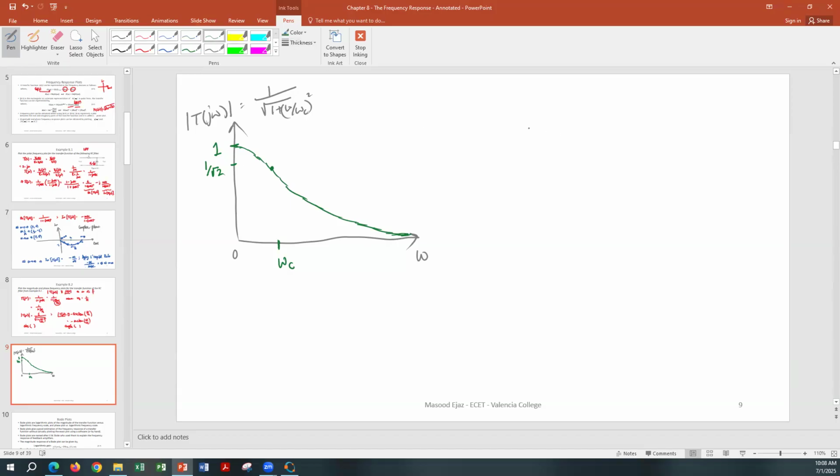And likewise, the phase response. We are expecting negative phase because it's negative arctan. So I'm going to put negative values here. All right, where is it going to start at omega equal to 0? What will be the phase?